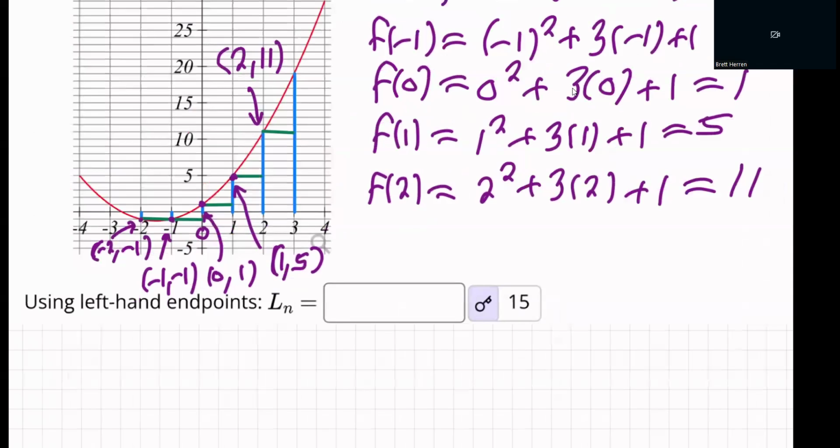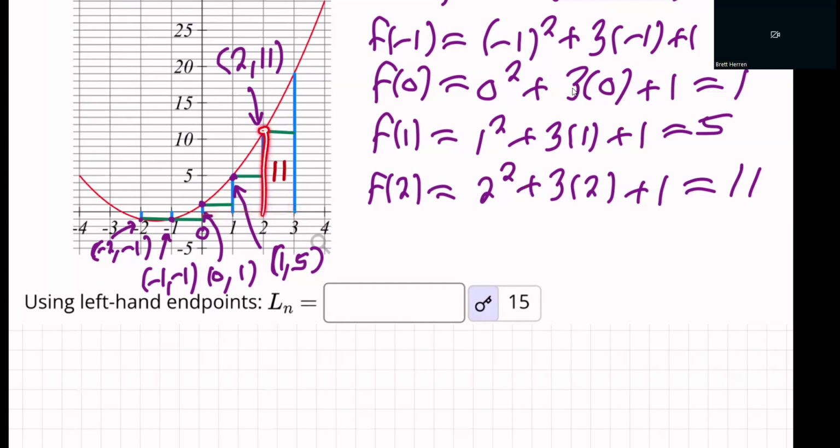So let's start finding some rectangle areas. What is going to be the area of that rectangle? Well, it's 1 wide by 11 tall. Rather than do that, I'll just say it's 11, because each of these rectangles has a width of 1 on the bottom.